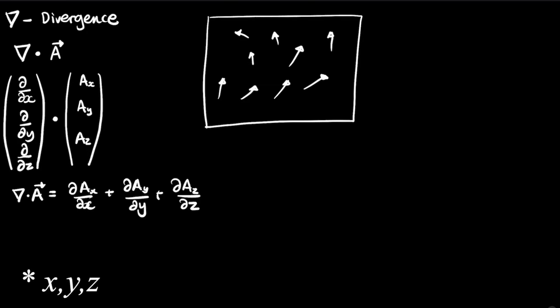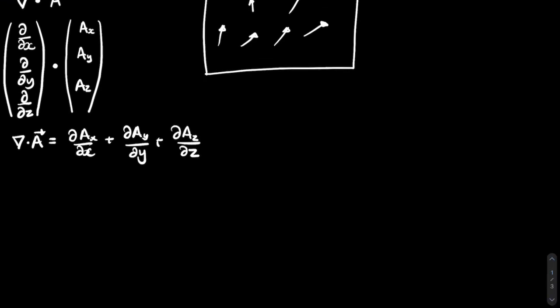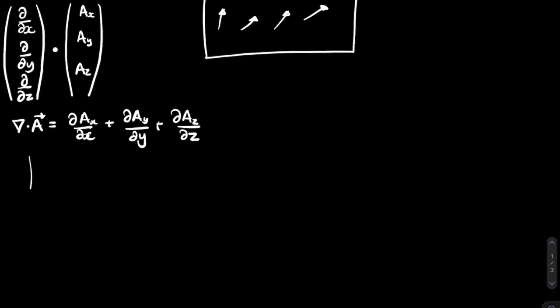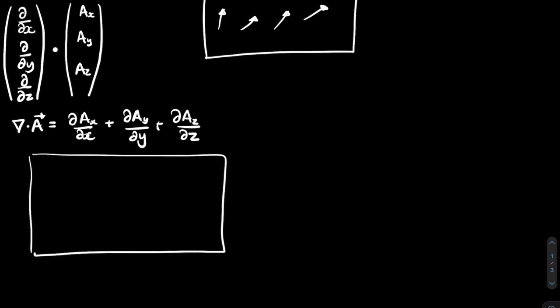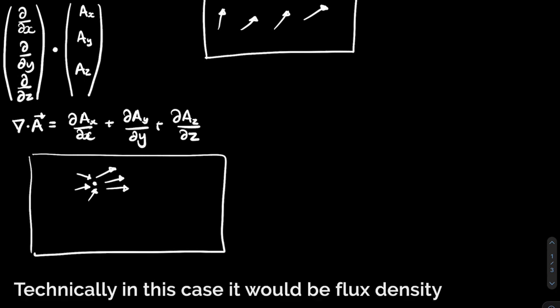So yeah, that's how you compute the divergence, but what actually is the divergence? What is it physically representing? Well, you can imagine that at all points in space there's a certain amount of this vector field that's entering this point, and a certain amount of vector field that's leaving this point. We call this vector flux, and the flux is basically the amount that's going through a particular area, or in this case a particular point.